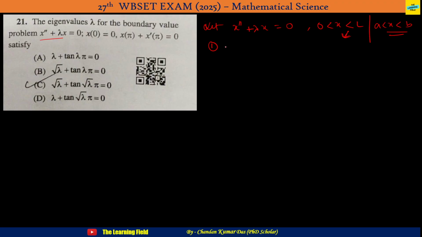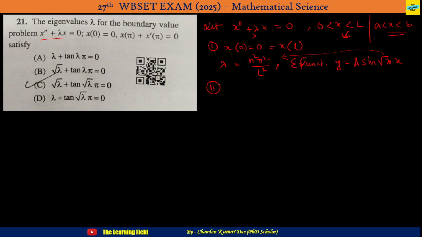Then number one is, if the condition is like given x of 0 equal to 0 equal to x of L, then the eigenvalue lambda is equal to n square pi square by L square, and in all the cases the eigenfunction is given by y equal to a sine root lambda x, where root lambda is given by this.